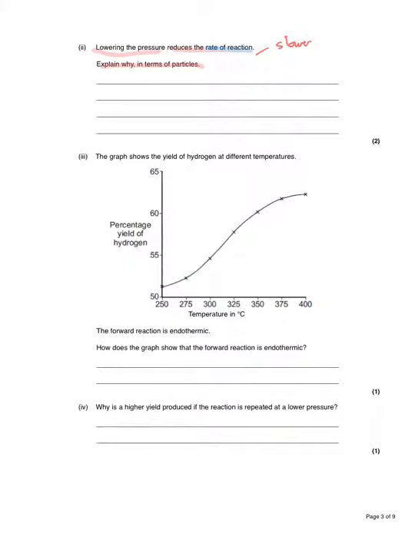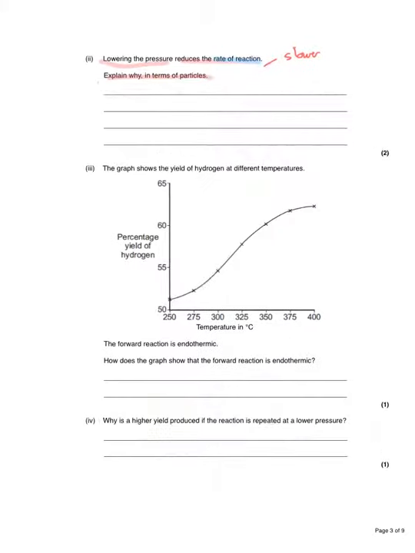Well, the molecules will be further apart at lower pressure. Therefore, if they're further apart, there will be fewer collisions per unit time.